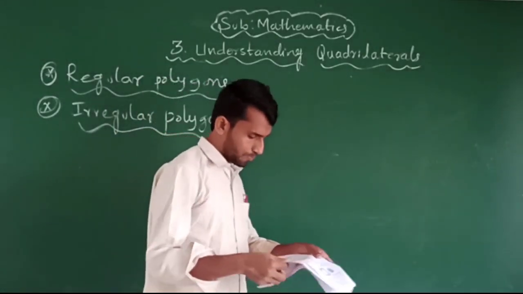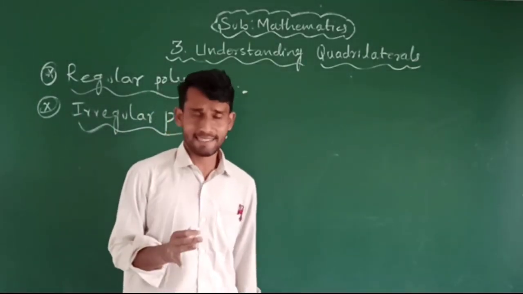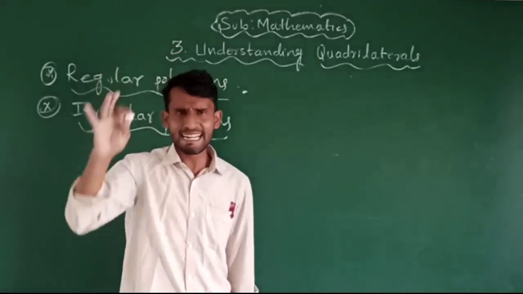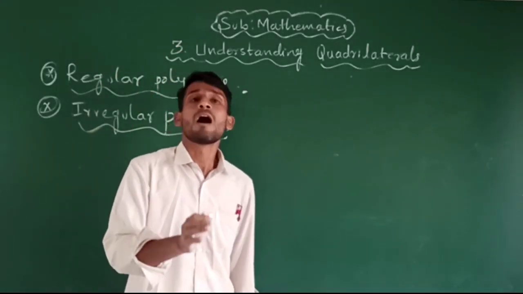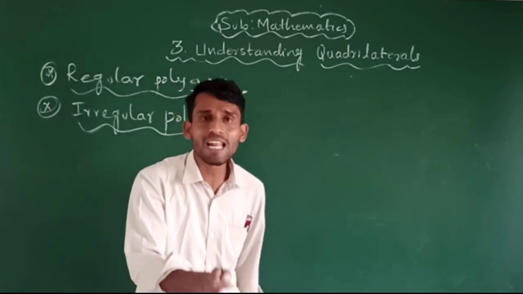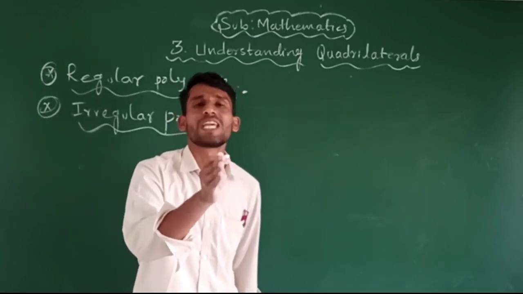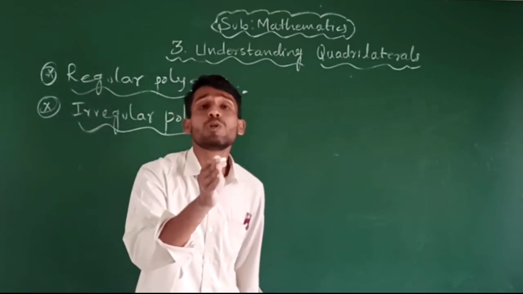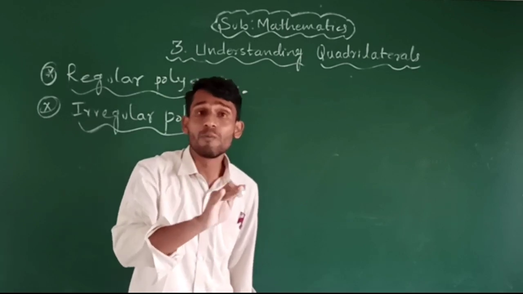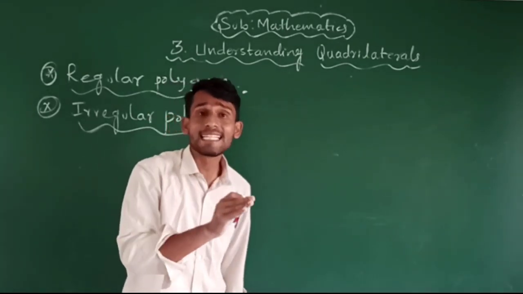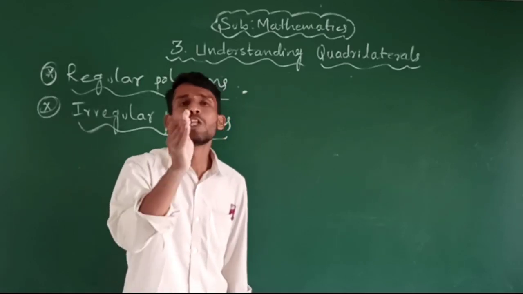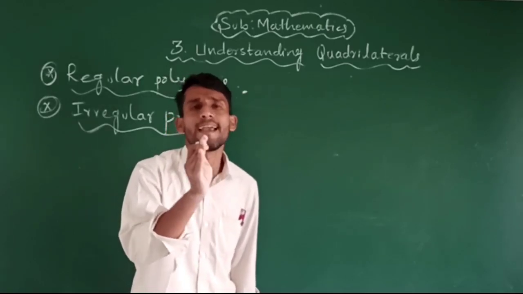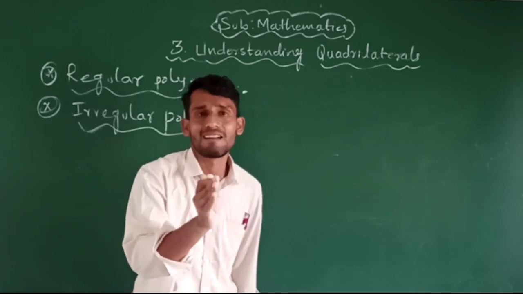Dear friend, in polygons, if all sides are equal and all angles are equal, those polygons we can say are regular polygons. In which figure the angles are not the same and sides are not the same, those polygons we can say are irregular polygons.